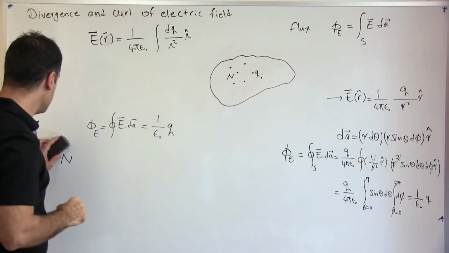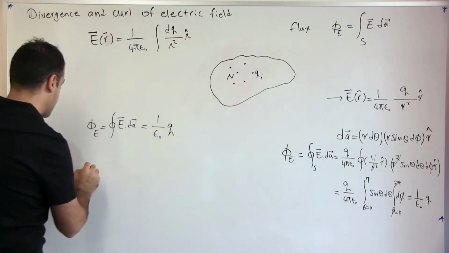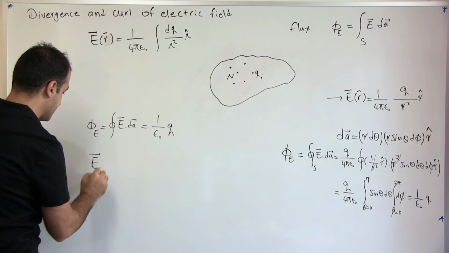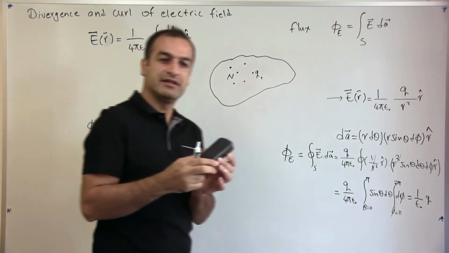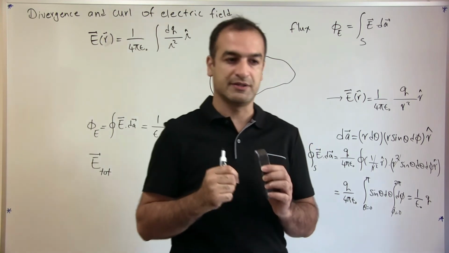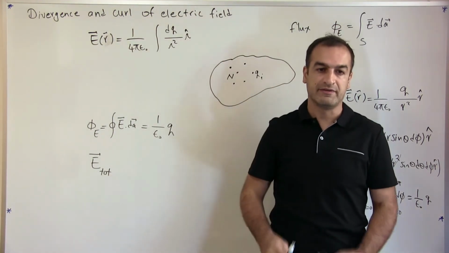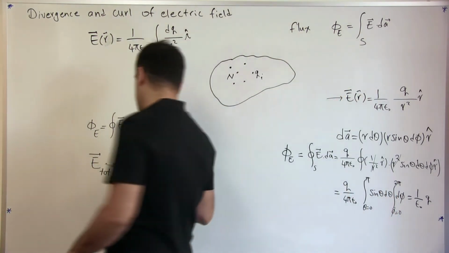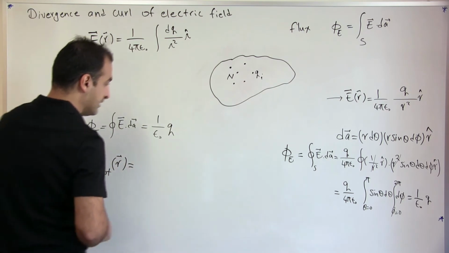Now what I want to say is that at any point we have an electric field, and I'm going to call that electric field E total because that's the electric field created by all these point charges. So E total is a combination of the electric field at any point in space. I'm going to say that E total at point R.